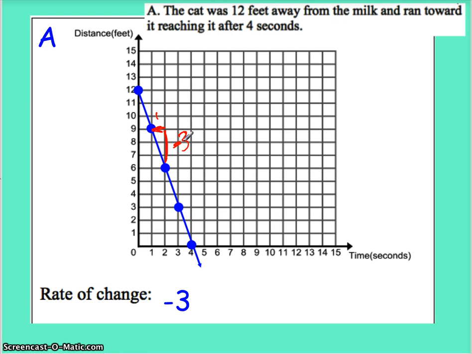I'm losing 3. I'm getting closer. My distance is decreasing. That's what the negative sign means. In this case, that negative sign is indicating a decrease in the distance away.